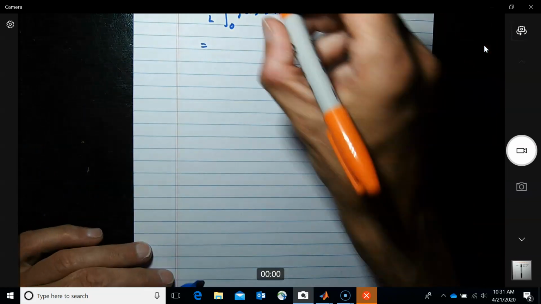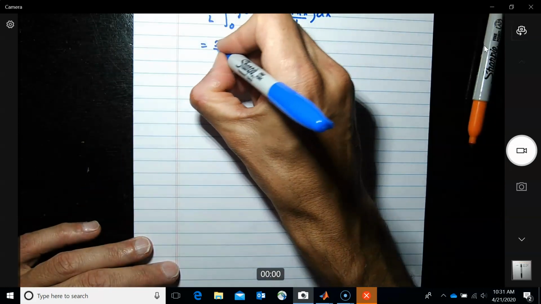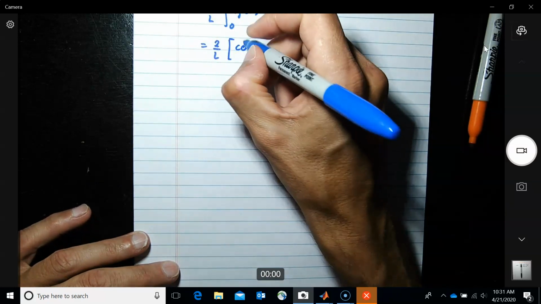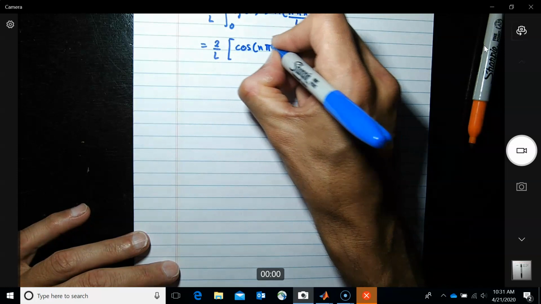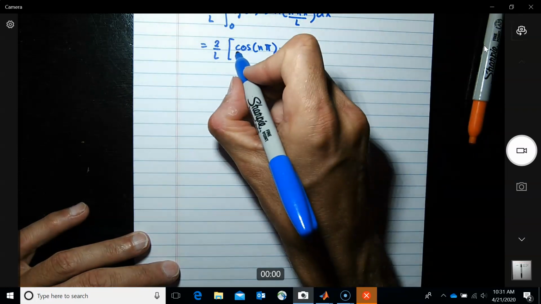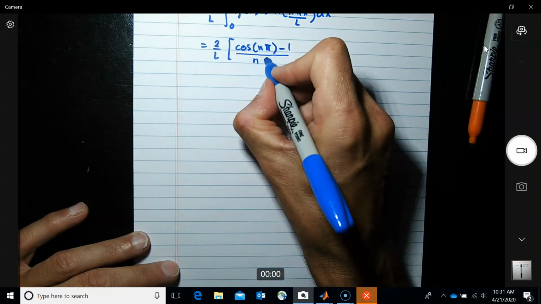So this will be equal, after integration, to 2 over L of (cos n pi minus 1) divided by n pi.